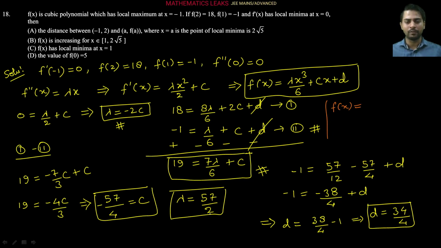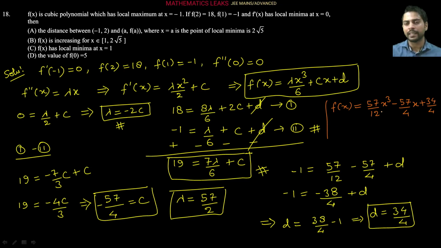Lambda is 57 by 2, so 57 by 12 x cube, and here the c value is minus 57 by 4. So we are writing minus 57 by 4 x, and this d value is 34 by 4. So we are writing 34 by 4, right? So that is our f of x here, right?